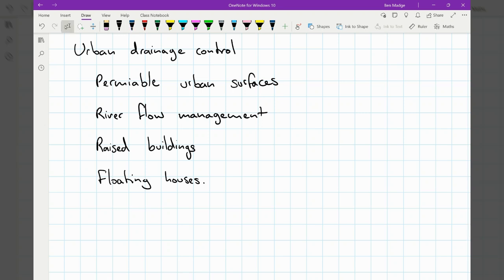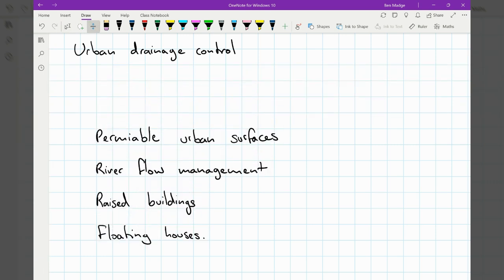Okay, now we need to look at urban drainage. So this is really important because sudden or heavy or increased rainfall falling onto an urban environment can cause surface water flooding.